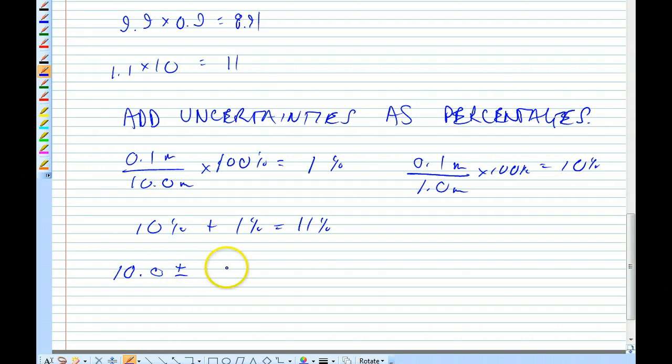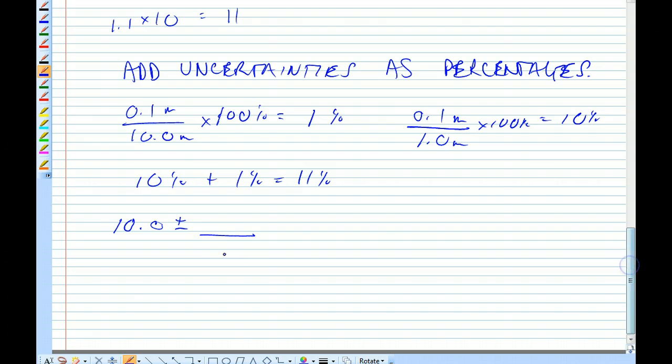So basically I'm going to take 11% of 10, which is what? 1.1? So I write 1.1, and that's square meters. And then I correct it because I don't want to have two non-zero digits here. So I'm going to write 10 plus or minus 1 square meters.